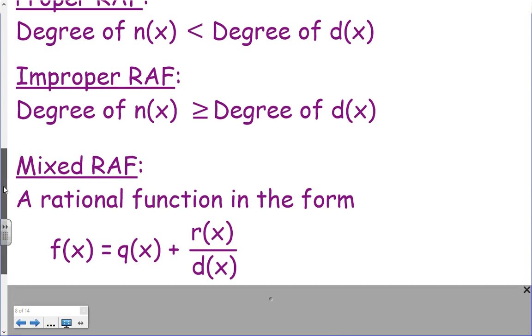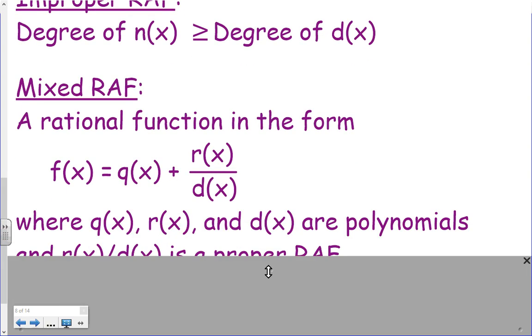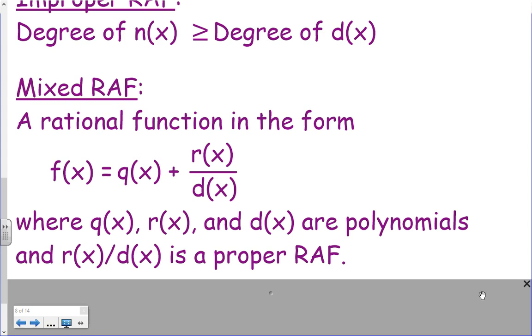A couple of things here about the functions we're defining here. Q of x, r of x, and d of x all have to be polynomials when you get done with this. And the quotient r of x over d of x is a proper rational algebraic fraction. If you end up with this, then this is what we call a mixed rational algebraic fraction. A couple of notes here.